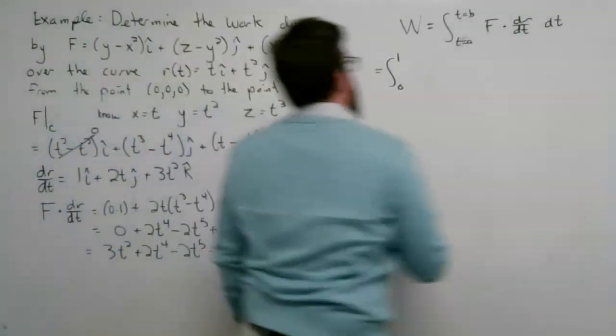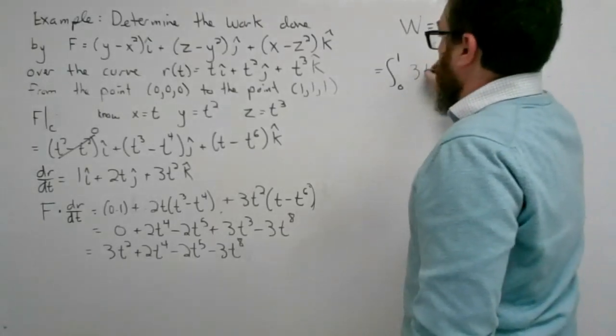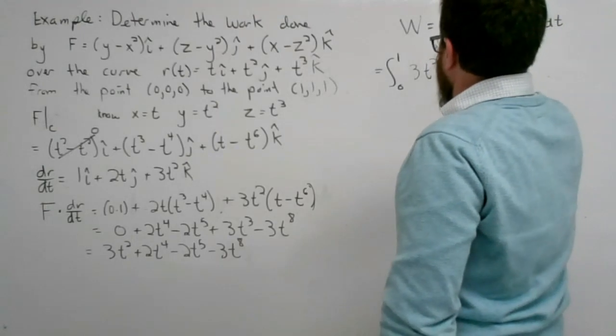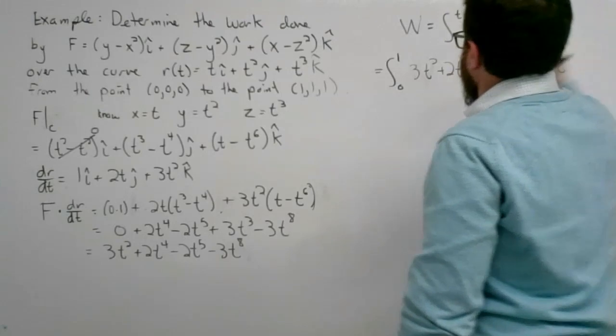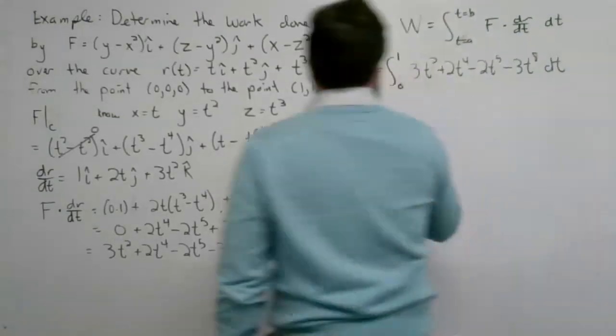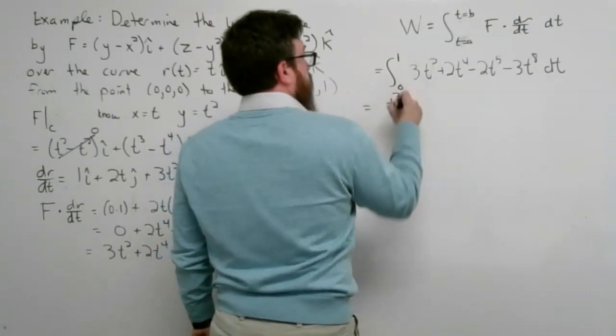So writing this up, we know it's going to be the integral from 0 to 1 of this expression: 3t squared plus 2t to the fourth minus 2t to the fifth minus 3t to the eighth dt. So all this is just the integral of a polynomial now. So the antiderivative is going to be t cubed.